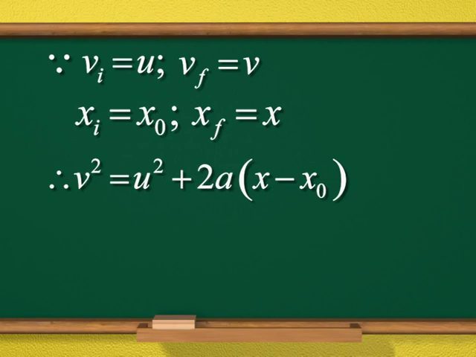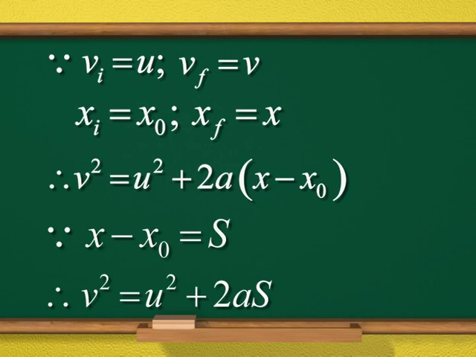If s is the displacement of the particle, that is x minus x0 equal to s, then the general relation becomes v square equal to u square plus twice a times s.